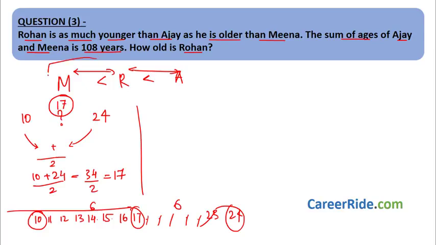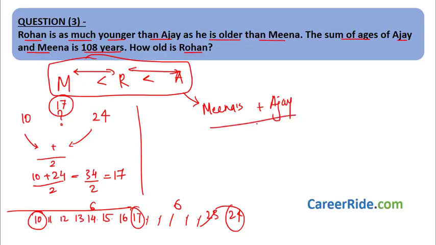Same way we have to consider this sum. The difference between Rohan and Ajay's age is the same as the difference between Rohan and Meena's age. So what exactly would be Rohan's age? It would be found out like this: 10 plus 24 divided by 2. Same way it would be found out as Meena's age plus Ajay's age divided by 2.